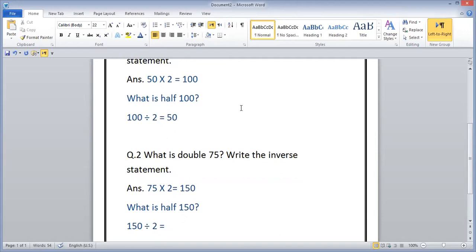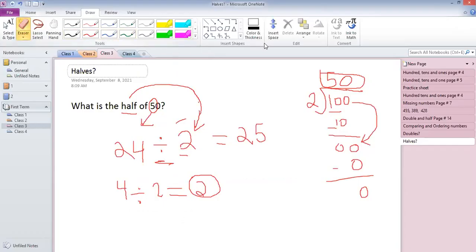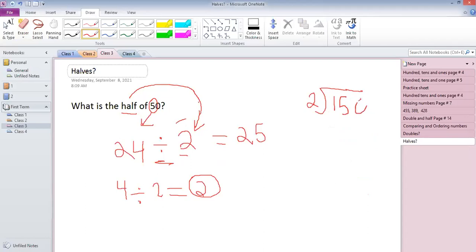So 150 divided by 2, again, how will you solve? For that, check here. You need to divide 150, so you will write 150 inside and 2 outside. Now you will check the table of 2 up to 15.